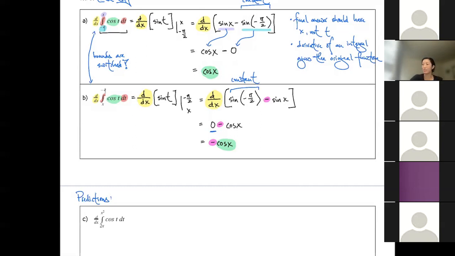So again, the question that you're answering and sending me a message about is, what do you think is going to be different about our answer for part C than our answers from part A and B?